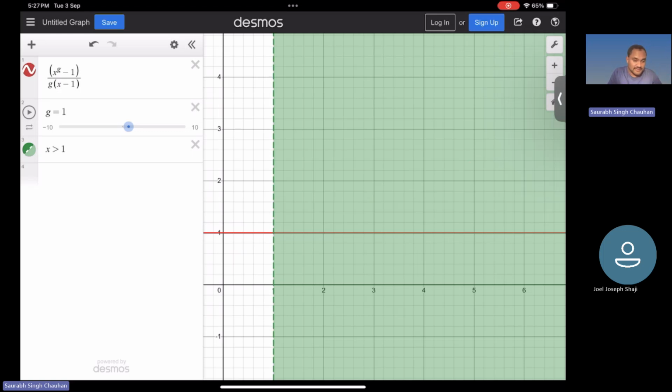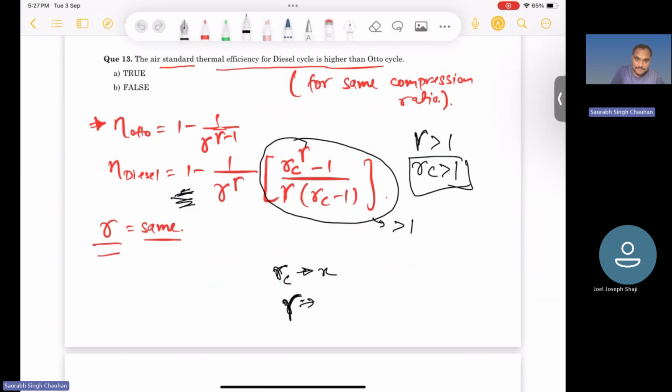But we know that G is gamma, the ratio of specific heats, Cp by Cv, and it is always greater than 1. So when you make it greater than 1, the quantity in this bracket is greater than 1. But I will encourage you to do this mathematically instead of graphing.